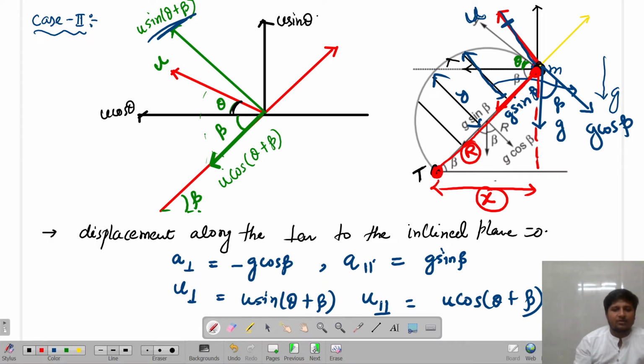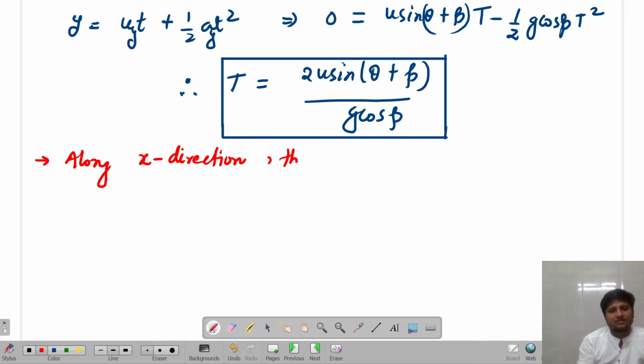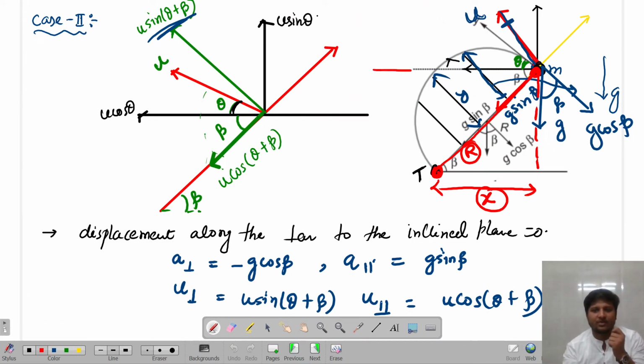It is very simple. What is the formula of x? As you already know, along the x direction the acceleration of the particle is zero. Along this particular direction, the value of acceleration is always 0.